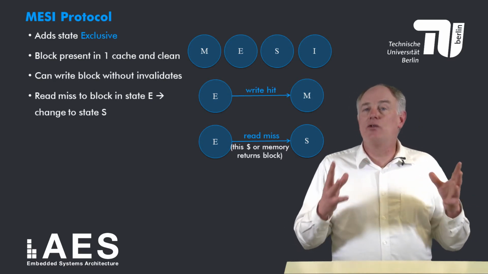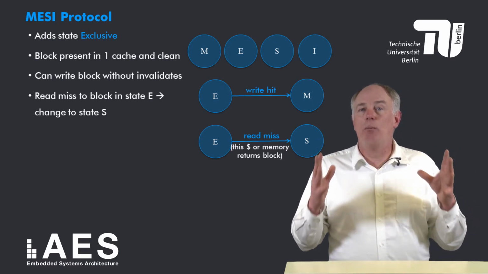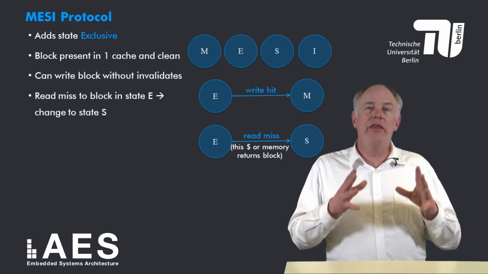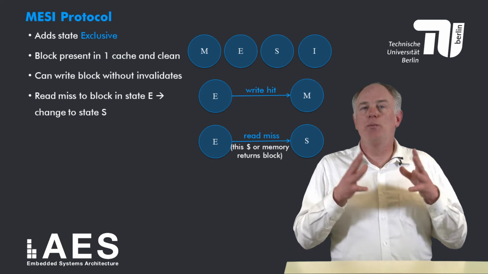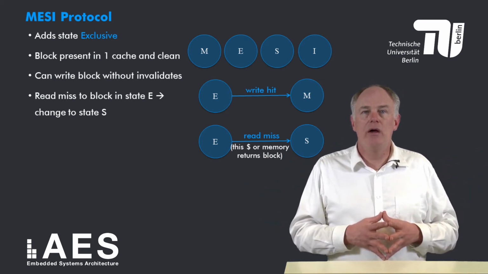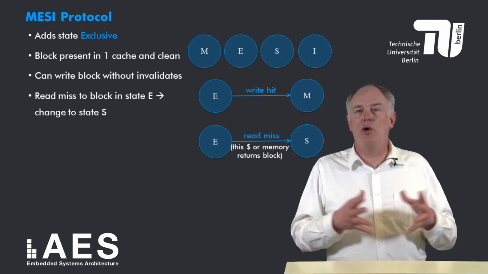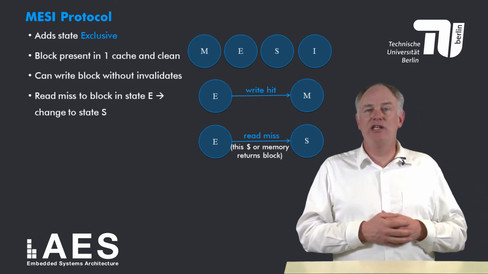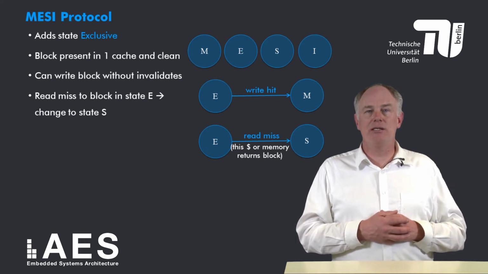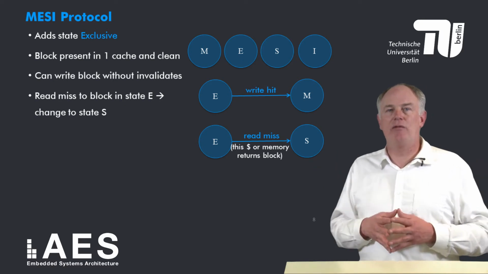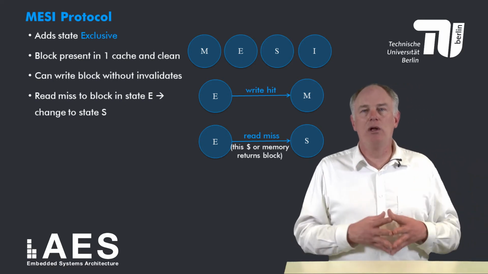However, when the cache controller snoops a read miss to a block that is contained in its cache in state exclusive, then the state of this block should become shared, since now there are multiple copies. Furthermore, now there is a choice. Either this cache or the memory can return the block to the requesting processor. In the baseline MESI protocol, it's the memory that returns the block, and I will assume the same.